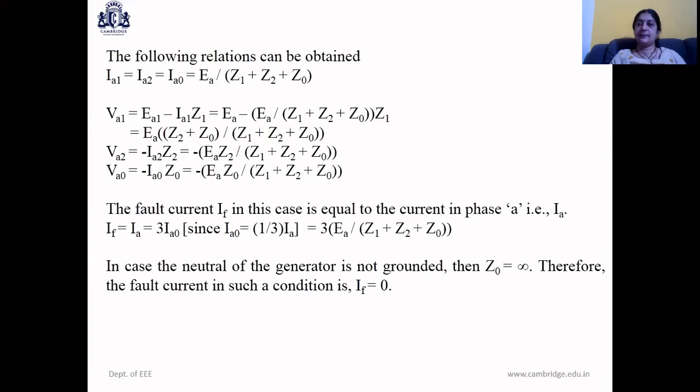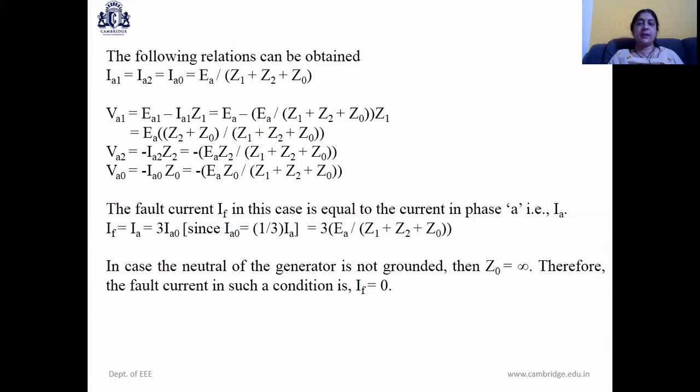Now, in this Z0, we had considered the total zero sequence impedance of the generator and 3 times the neutral reactance that will be connected. Now, there may be cases where the generator is not at all grounded, the neutral point is isolated. In that case, the Zn value will become infinity. Therefore, the Z0 value will also become infinity, representing an open circuit. In that case, there is no chance for the fault current to flow in the circuit.